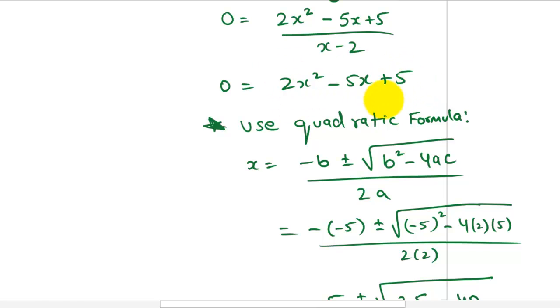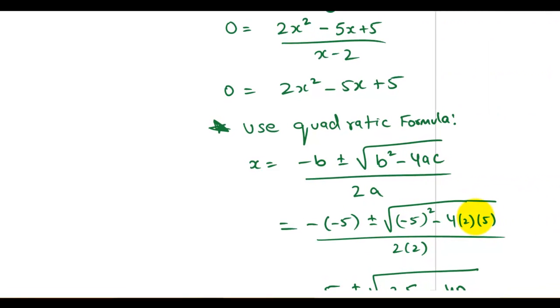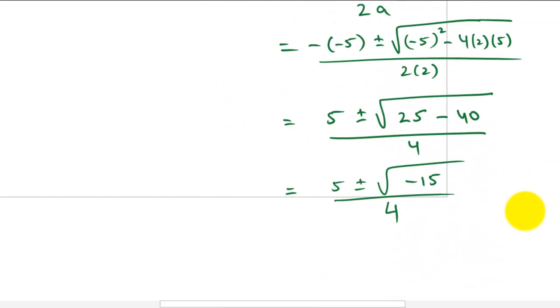As a result, I have to use the quadratic formula to try and figure out if there are, in fact, roots for that expression. There might be, or there might not be. So let me plug the numbers in. I use the quadratic formula: negative b plus or minus the square root of b squared minus 4ac, over 2a. I plug in the values, and I'll end up getting this expression over here.